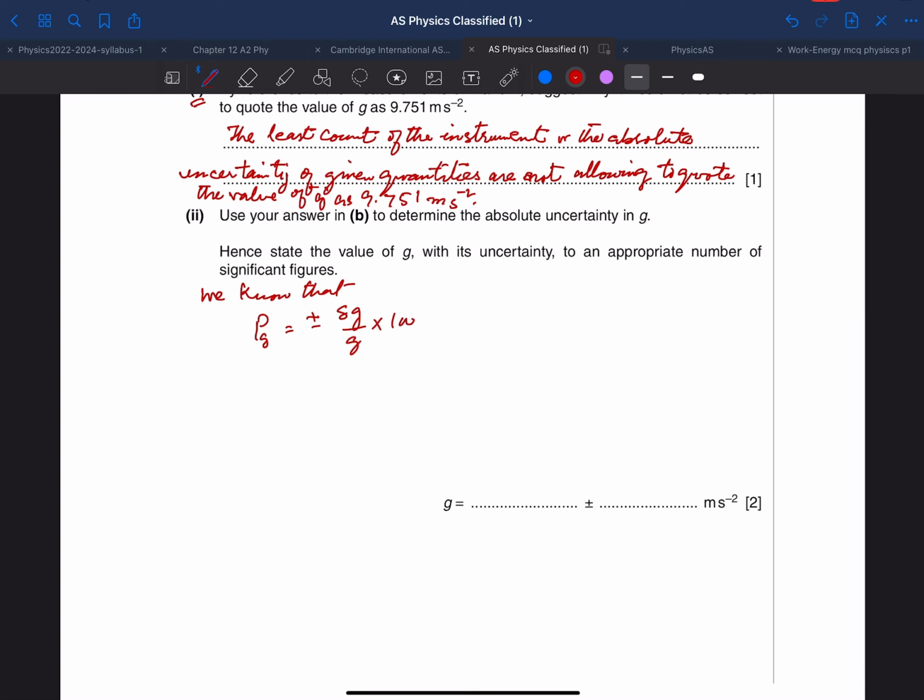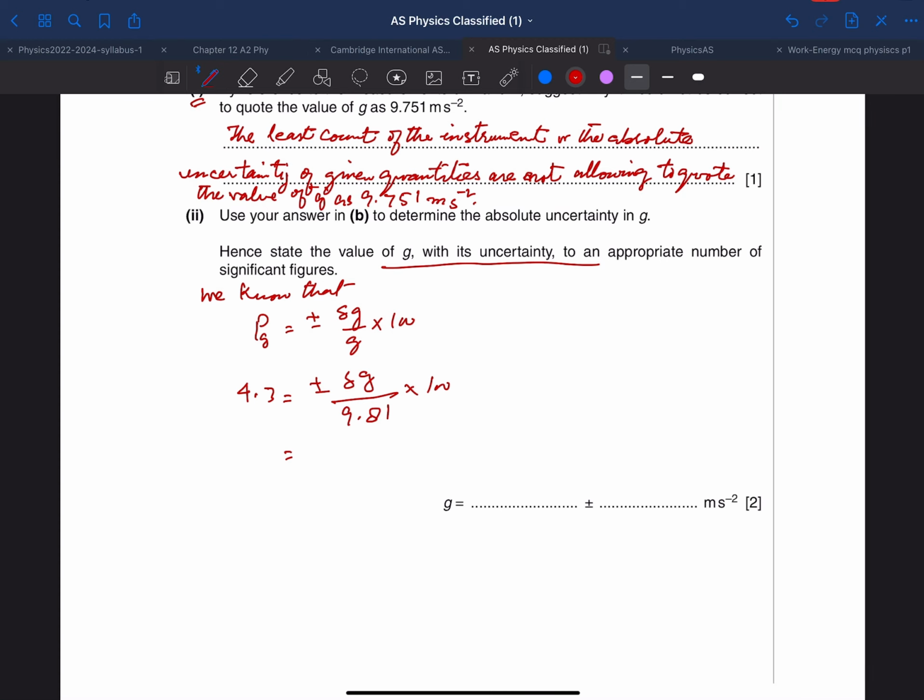In the previous part, you have already calculated the value of your percentage uncertainty in G. So this is nothing but 4.3, plus minus del G is required here. The uncertainty you need to calculate for G, and the value of G is 9.81, and here you have 100. So you can calculate the value simply.